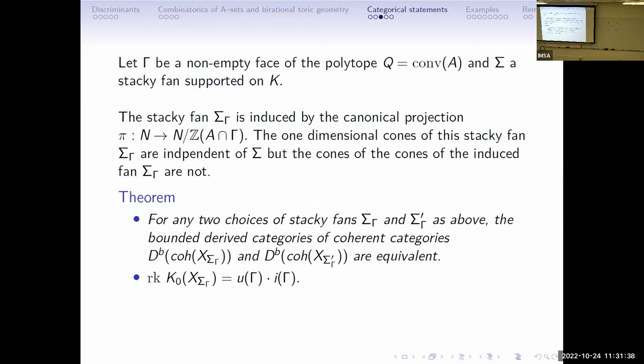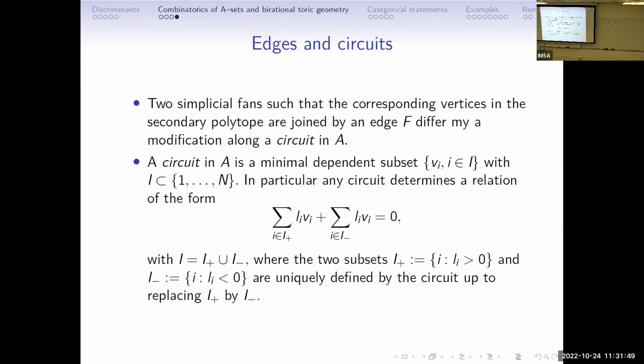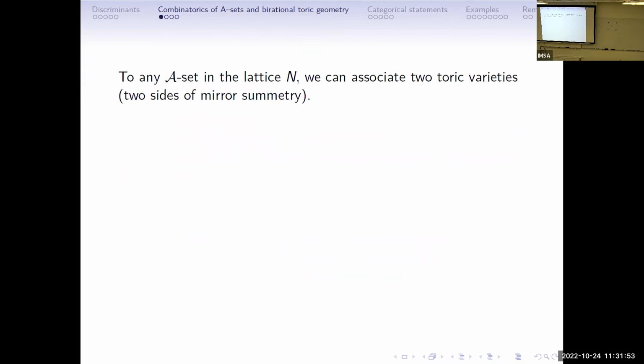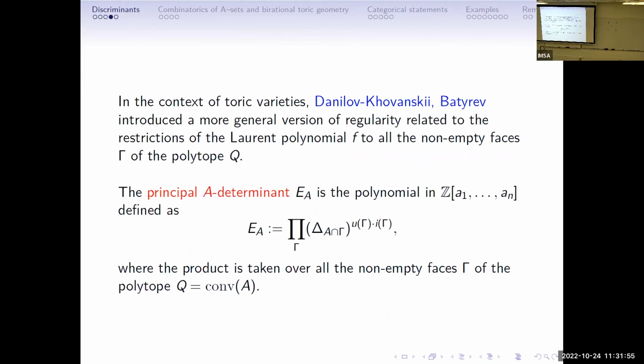And more remarkably, and this is crucial for this story, the rank of the Grothendieck group associated to this stack is exactly U of gamma times I of gamma, which is, sorry for going like this, I don't know how else to do it, the index that shows up here.